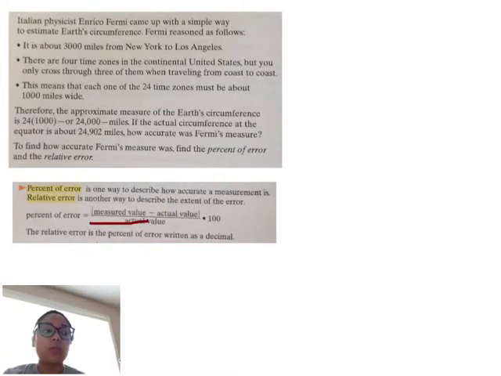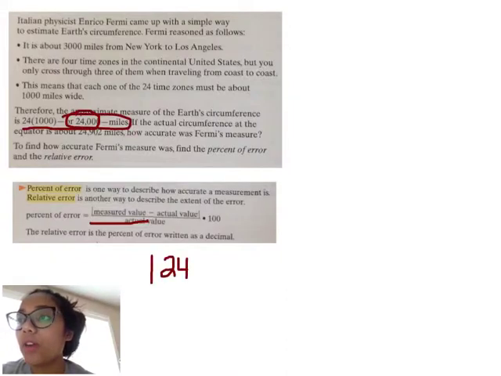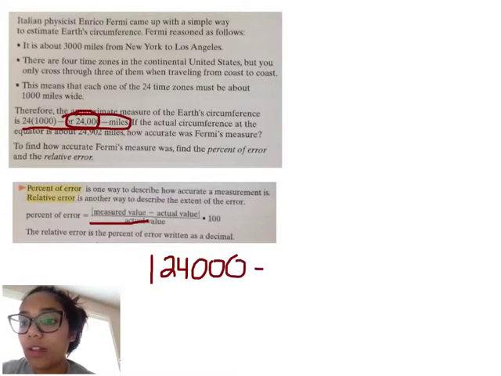And to convert this to relative error, so this is my percent of error. It's a percent, so that's kind of obvious. To convert this to relative error, I need to convert this to a decimal. And how do you convert a percent to a decimal? You should have said divide it by 100, or you should have said move your decimal 2 times to the left. Both of those are the same thing.